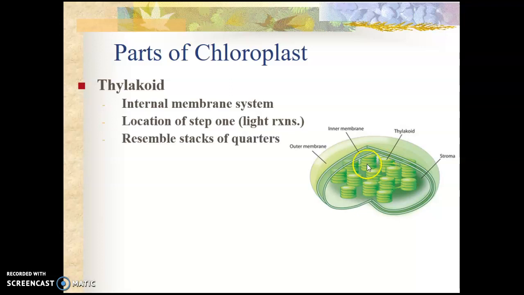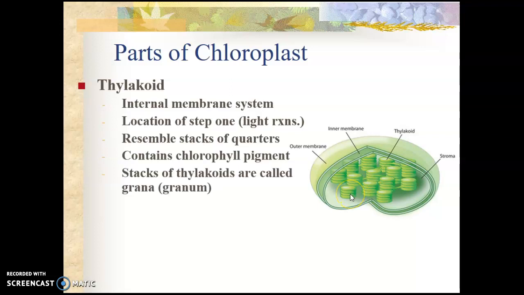So like I said, they look like a little stack of quarters or maybe a stack of pancakes, and that's what's going to contain the chlorophyll pigment for absorption of light energy. The stroma, oh, by the way, the stacks are called granum. So an individual thylakoid is a disc, and then a stack of thylakoids is called grana or granum, plural versus singular.